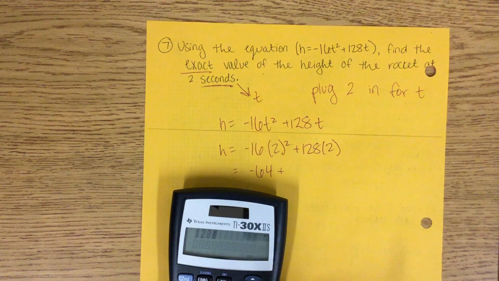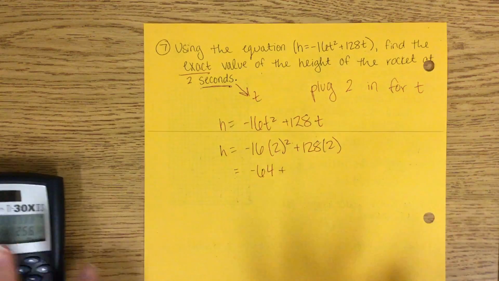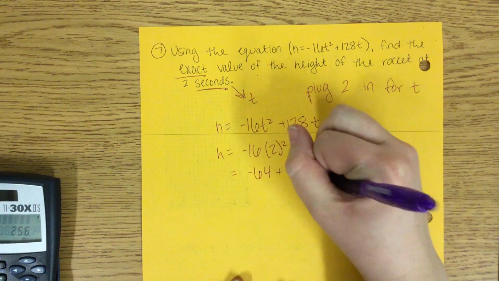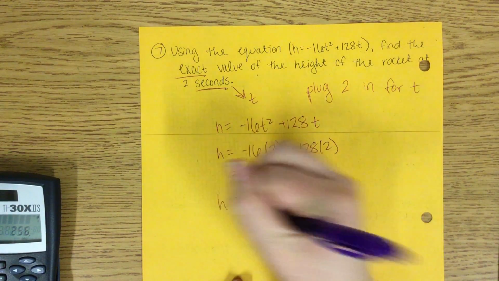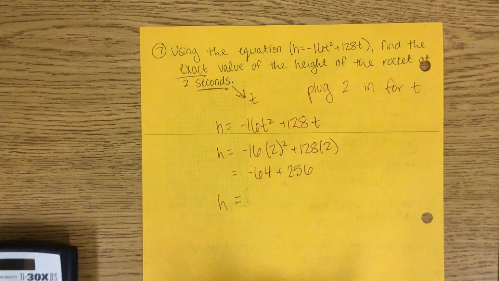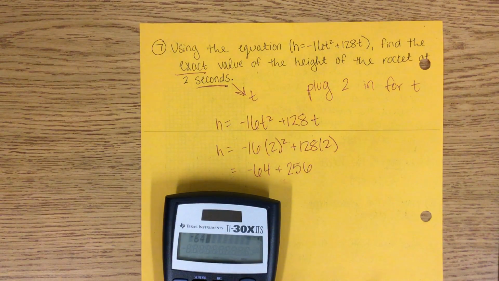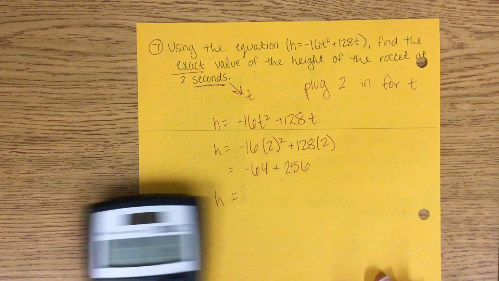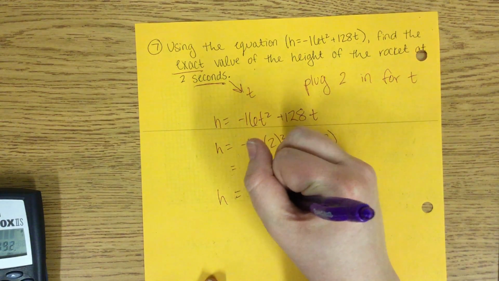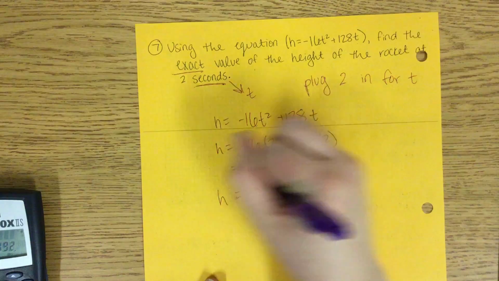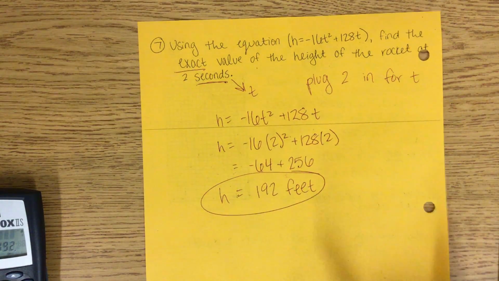And 128 times 2 is 256. So the height at time 2 is whatever negative 64 plus 256 is. 192 feet.